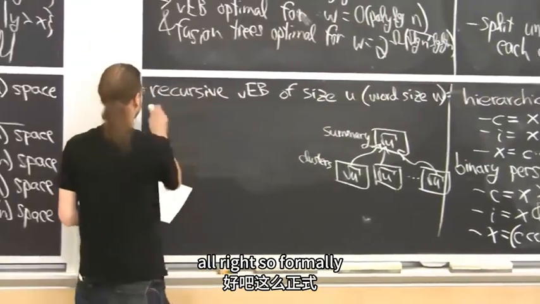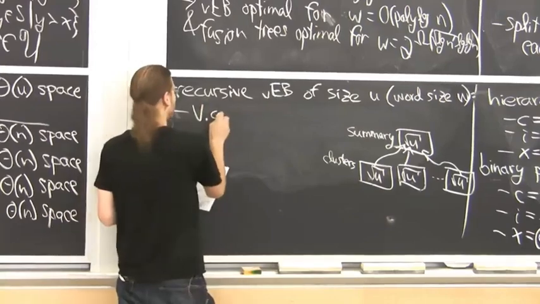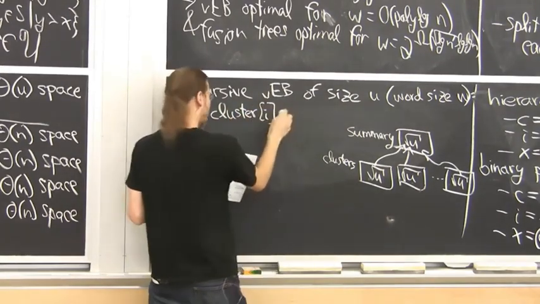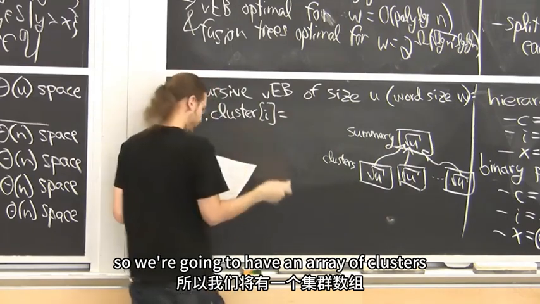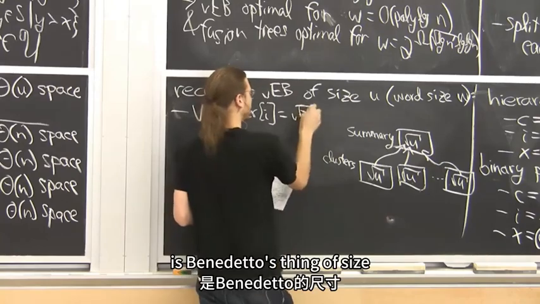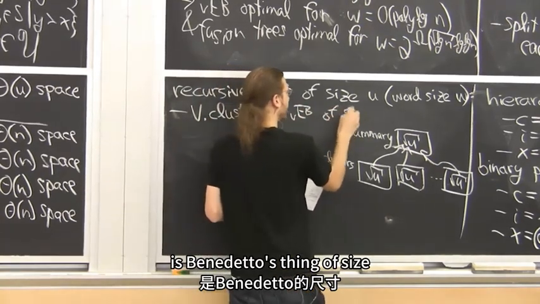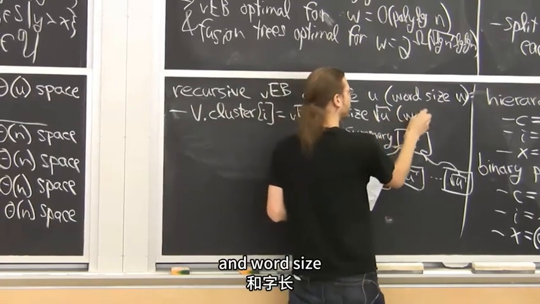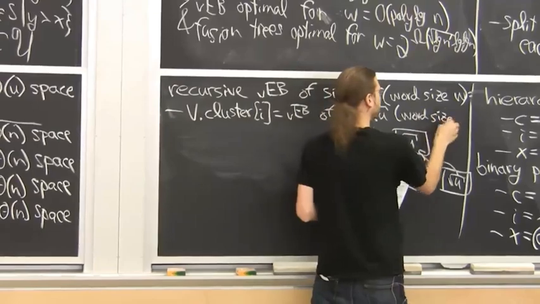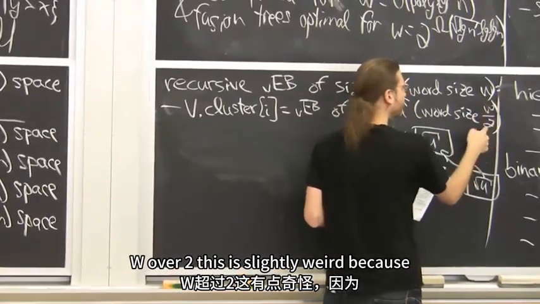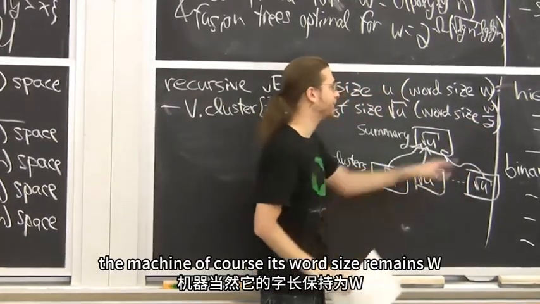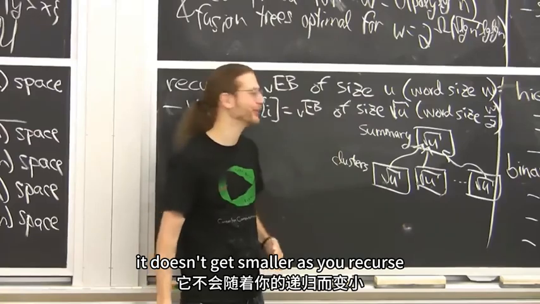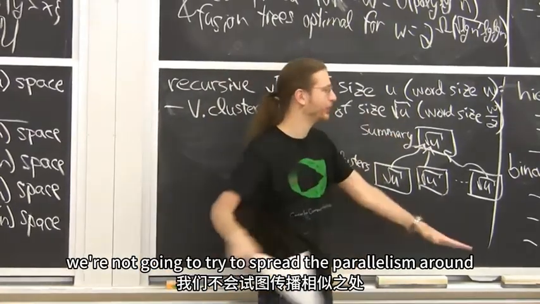All right, so formally, some notation: cluster[i], so we're going to have an array of clusters, is a Van Emde Boas structure of size square root U, and word size W over 2. This is slightly weird because the machine's word size, of course, remains W. It doesn't get smaller as you recurse. We're not going to try to spread the parallelism around.